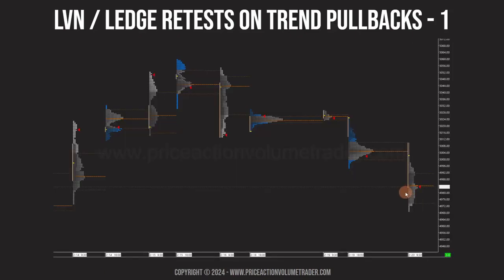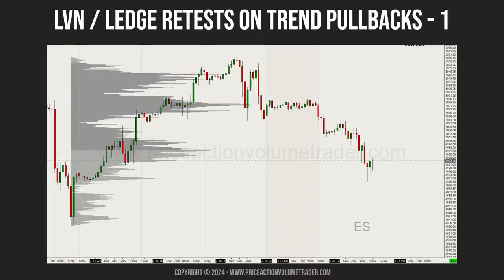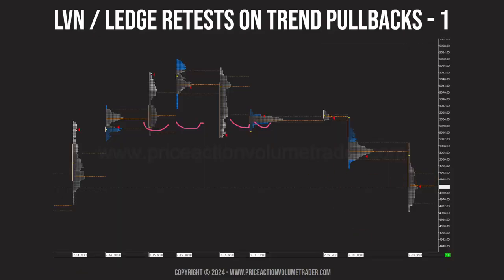If we look at this from a market profile perspective, this is what we will be looking at. You notice right here we have very clear support levels, which we can identify over here as well. These are the support levels that we are looking at on this chart.